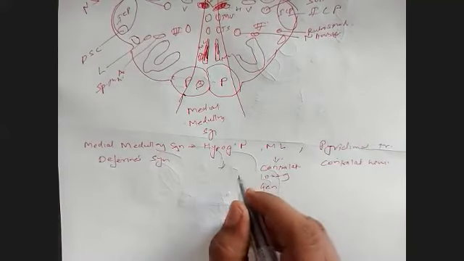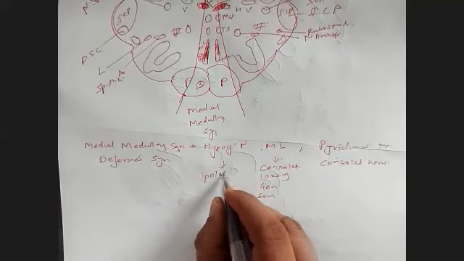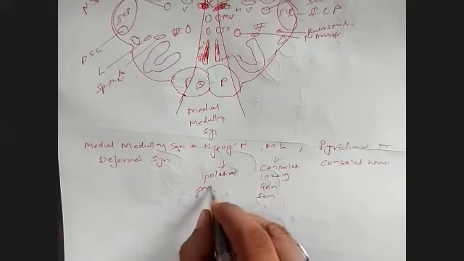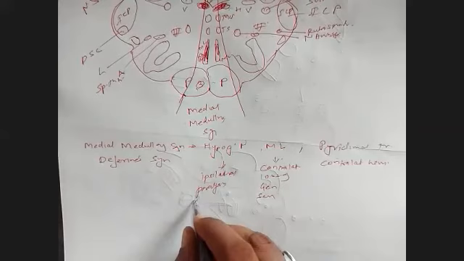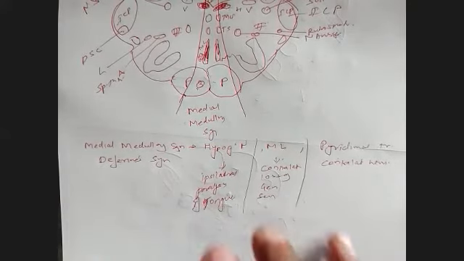And when the hypoglossal nucleus is gone, there is ipsilateral paralysis of the tongue. So these are the three things that happen in medial medullary syndrome.